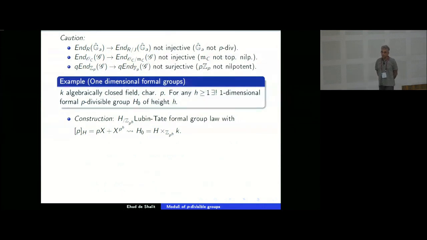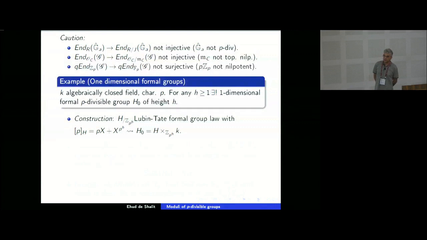So how do we construct it? One way, if you know about Lubin-Tate formal groups, if you've studied local class field theory, maybe you've come across them, is to take the Lubin-Tate formal group law over the ring of integers of the unramified extension of degree h of Q_p.